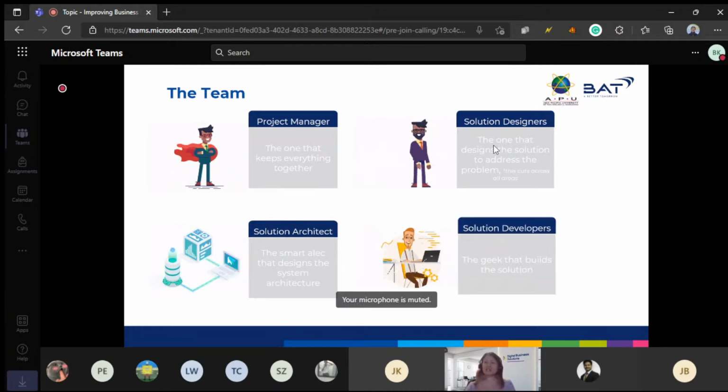Okay, the solution developers. So this is the geek. Okay, maybe not the geek. There are two categories to this. One part of it will be the person who does the coding. They need to know how to write the code, and this is when the SAP solution is not out of the box and you need to do some customization.